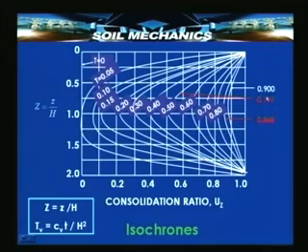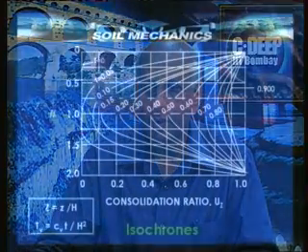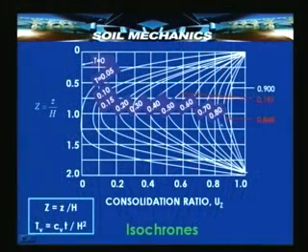Now, these two values also have been arrived at by substituting the degree of consolidation in the expression for degree of consolidation and computing the corresponding T. So, either you can substitute capital T and go on finding out how the degree of consolidation varies, or for a given degree of consolidation, say 90%, you can find out the corresponding time, and that is shown here. For 90% we have 0.848 and for 50% 0.197.